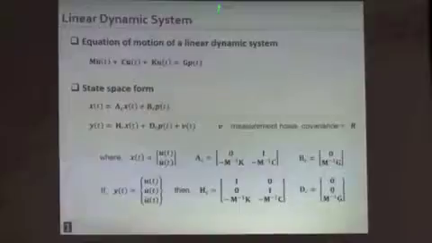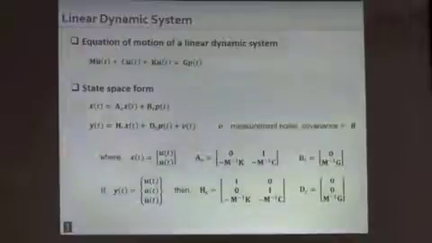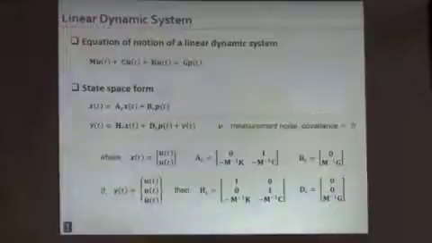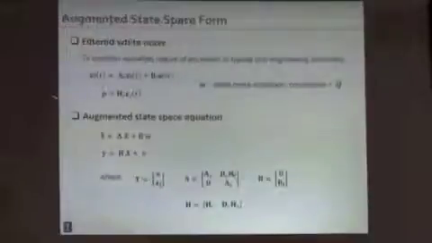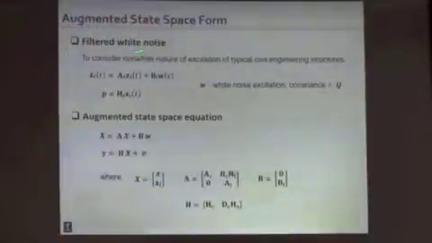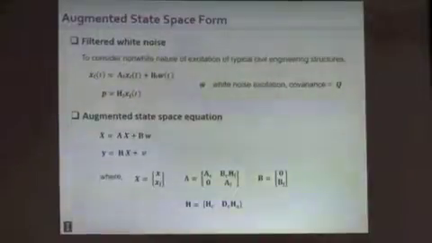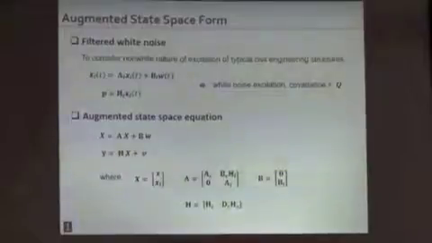Now this just shows the approach that was taken, a state space approach where we assume that the outputs are the displacements, velocities and the accelerations. And we assume that we've got a filtered white noise. So we use a shaping of the input excitation. In a Kalman filter, you typically assume that the disturbance is a white noise.